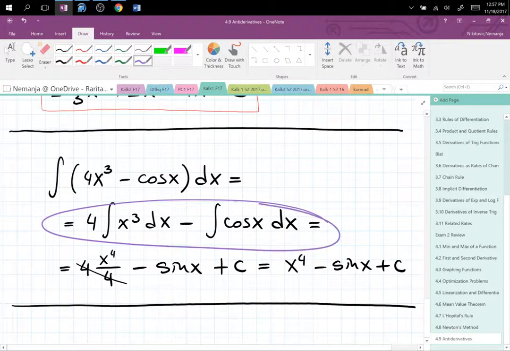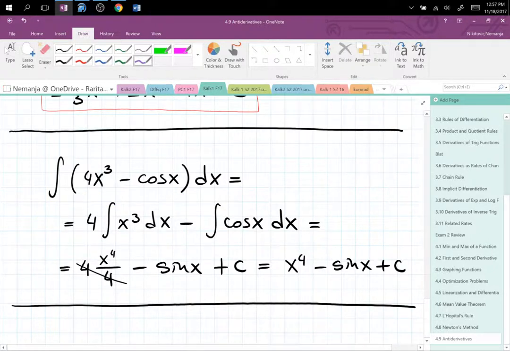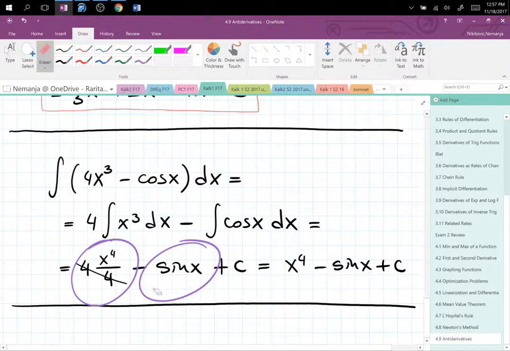You do not have to write this step at all. It's not going to give you or take away any points on the exam or something. You know that that term is that term, this term is this term, you have plus c, so you can go directly from the first to the third line.